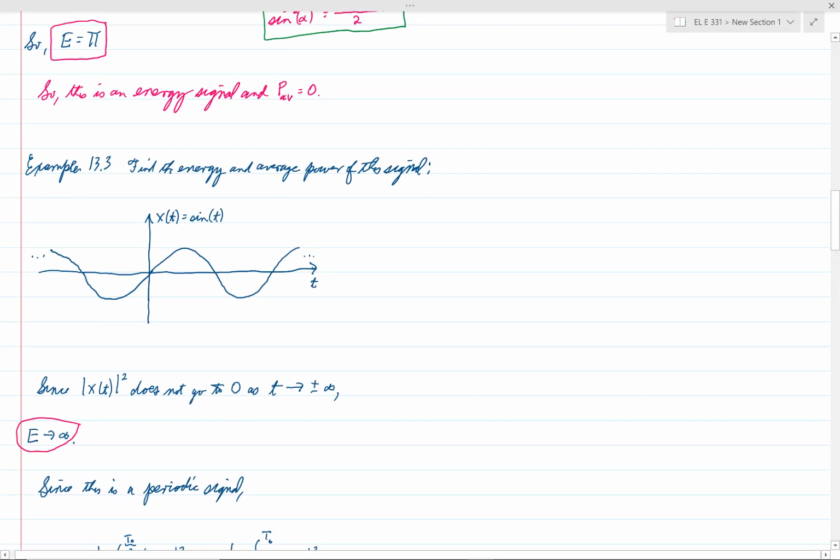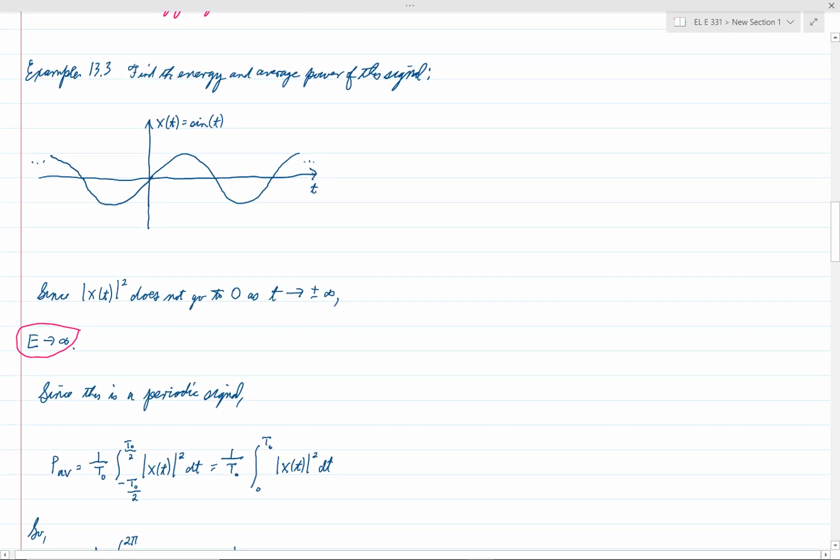Now let's look at example 13.3. Very similar function here, except that now we have sine t over all of time. It never does get truncated. This is just x of t equals sine t for all t. So you see in the graph we have a dot dot dot here and a dot dot dot here to show that this function goes on and on forever in both directions as sine t.